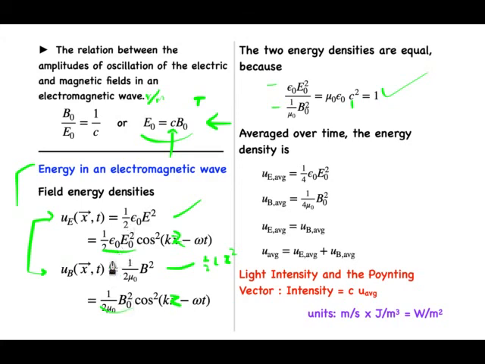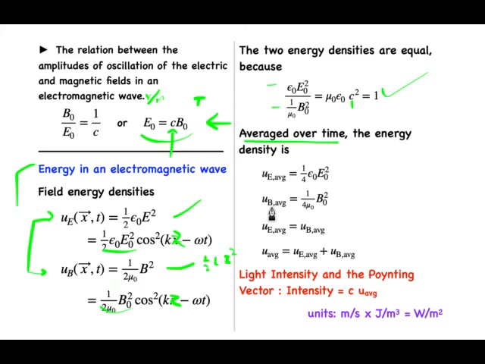Now, because these are oscillating functions, we usually calculate the average over time. The average over time, well, cosine squared, as a function of time, varies between 0 and 1, so the average is a half. So for the electric field energy, it's 1/4 epsilon naught E0 squared.